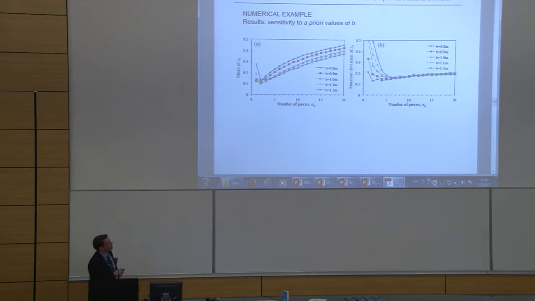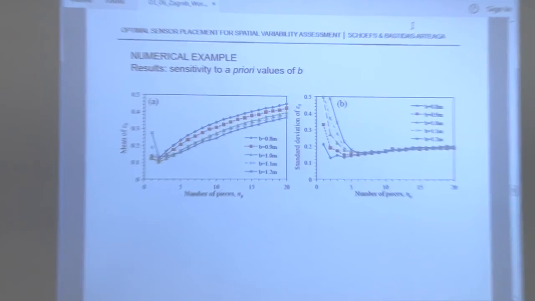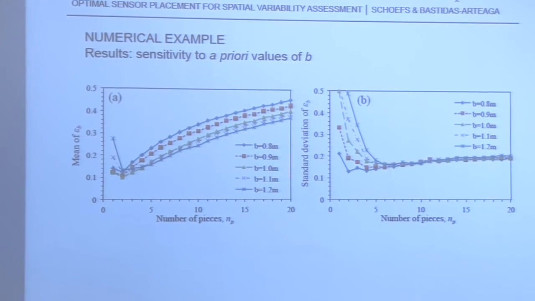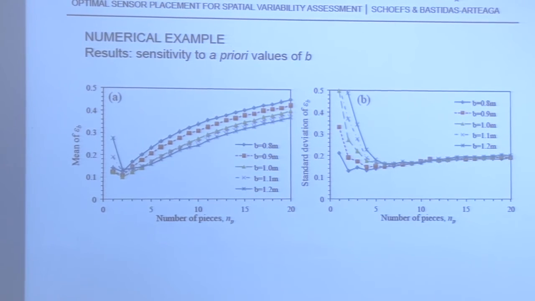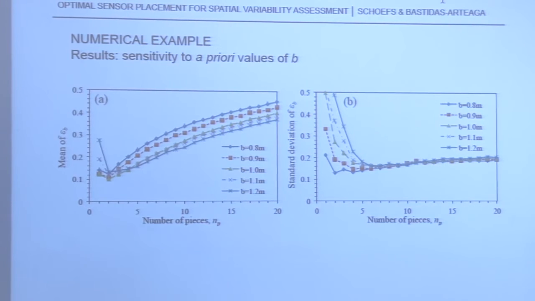The objective now will be to place the sensors, but we don't know exactly what the spatial correlation of the structure we want to study is, because that's the question we were asking. So that's what we do when we have previous information. We have to know the prior information we have on B, and the errors that we made on it.